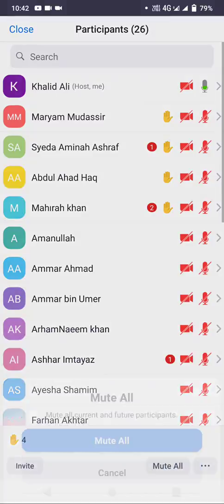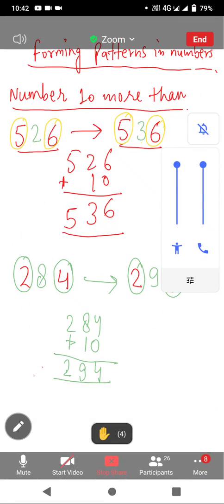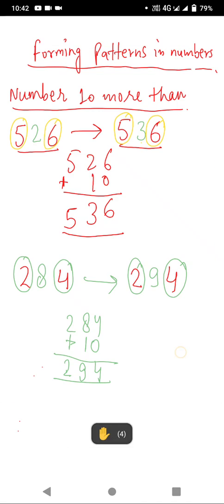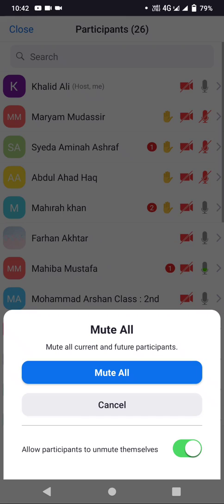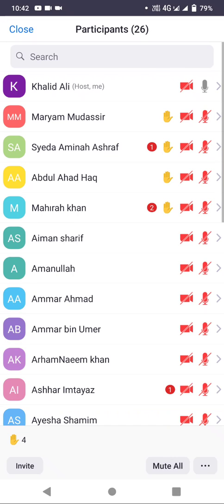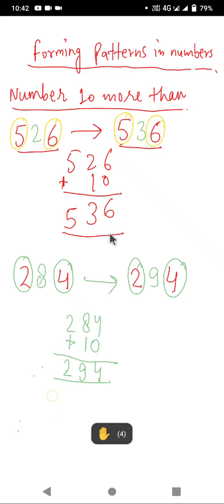Yes, students, tell me, which place digit has changed? Tens place digit. Yes, very good. So only tens place digit is changed here. Okay, here we have 8, and after adding 10 it will become 9.